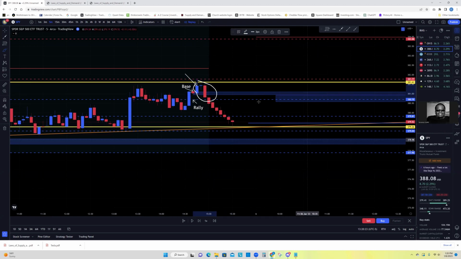Evening star. Evening star, right? Whenever you get a big up candle, blue or green, whatever yours is, then a small basing candle, which is a doji, and the next one comes down, this is the evening star.